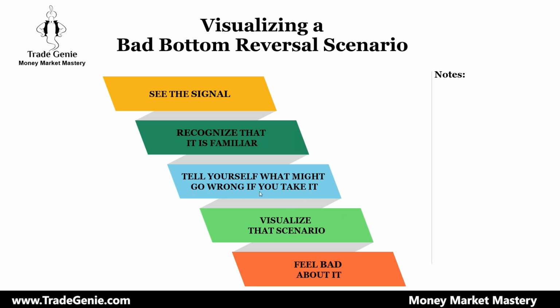Because you created a story in your mind, but you have seen that before, it works, and it's a profitable trade. But then you create that step. We all create this step of visualizing what can go wrong, and then we don't take the action. So we visualize that scenario and we feel bad about it. We visualize how much money we will lose. So this is not a good scenario.